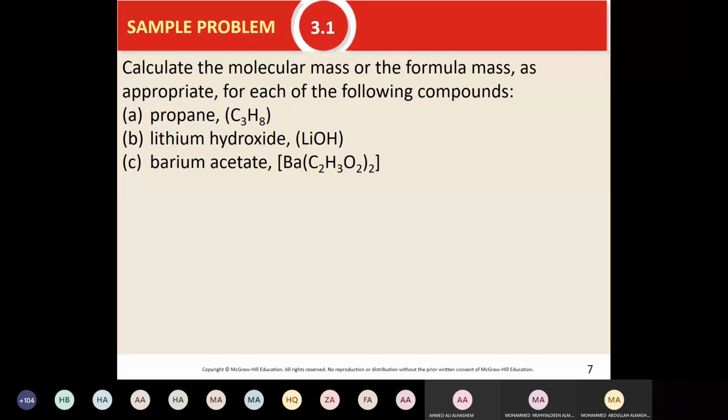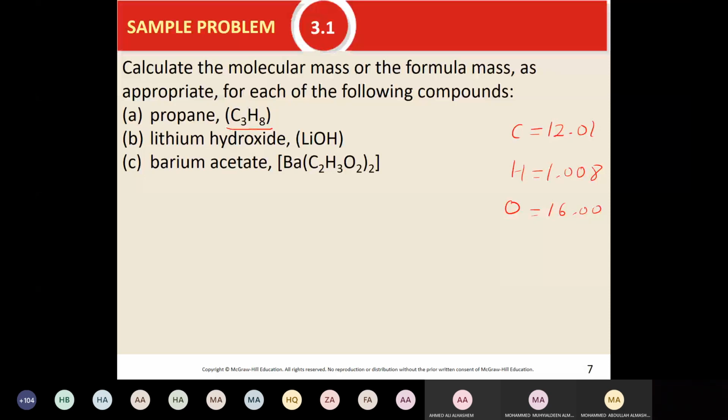Very good. Very quickly, tell me what's the mass of this compound, C3H8. You need the periodic table. I'm not going to bring the periodic table now, but let me help you. Carbon is 12.01. Hydrogen is 1.008. Oxygen is 16.00.